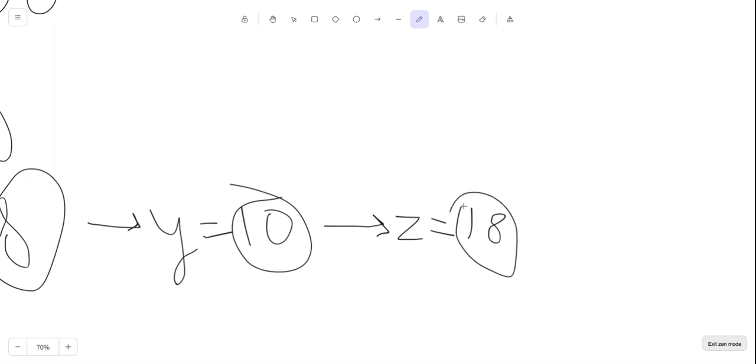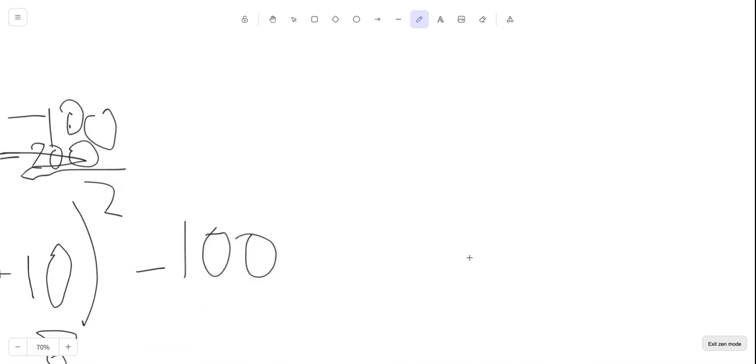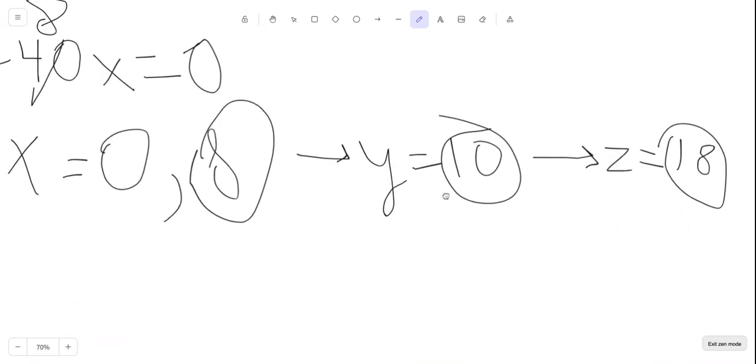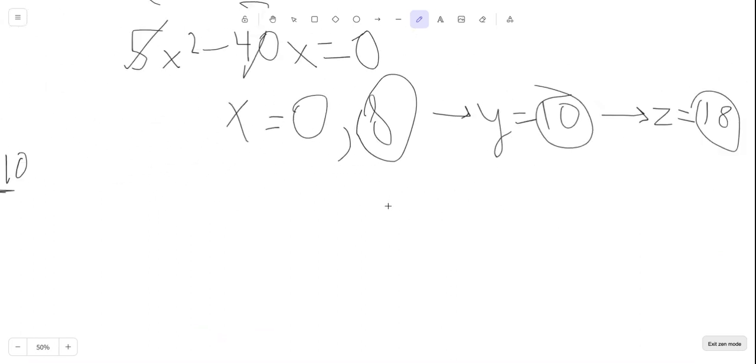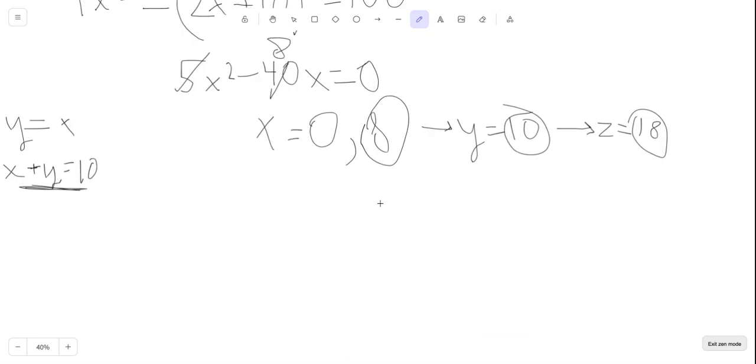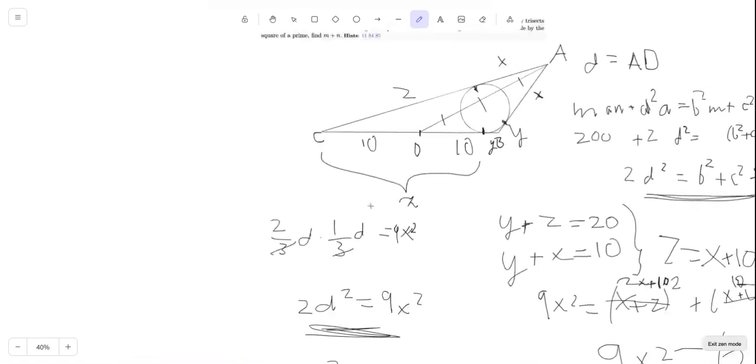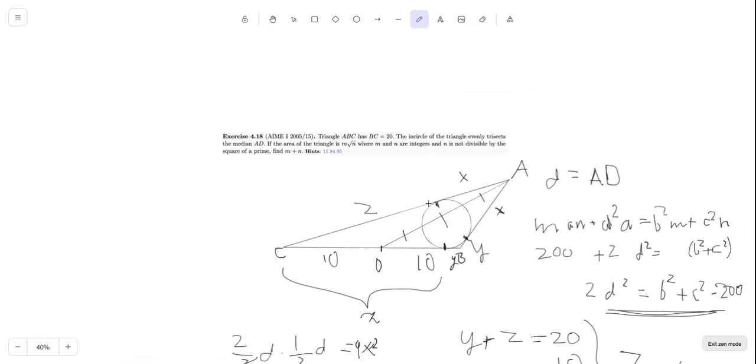And obviously we can find the area of the triangle from here. Now we're finally done finding all the values x, y, and z.